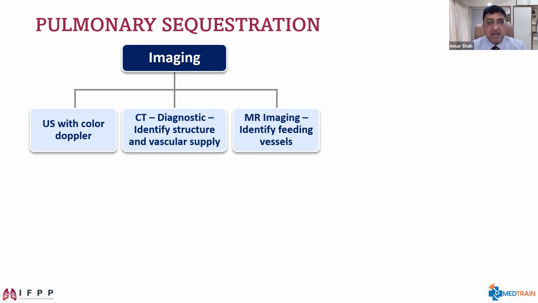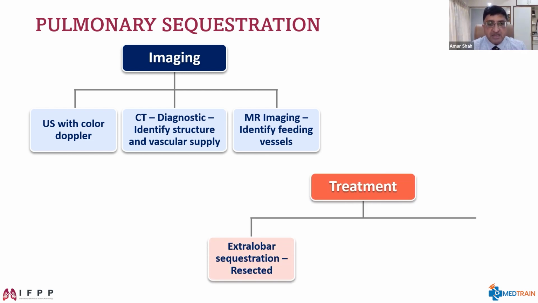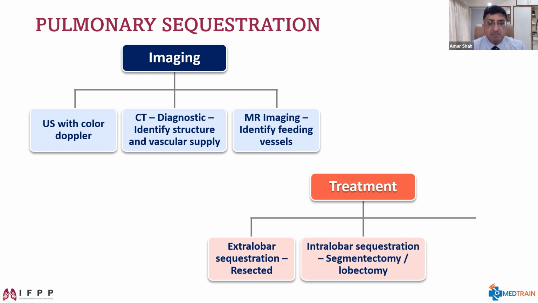Sometimes MR imaging and angiography may be required to identify the feeding vessels. Extralobar sequestration can be easily resected in an isolated segment. However, intralobar sequestrations may require a segmentectomy or a lobectomy. Sometimes embolization of the feeding vessels has also been done as a treatment modality for pulmonary sequestration.